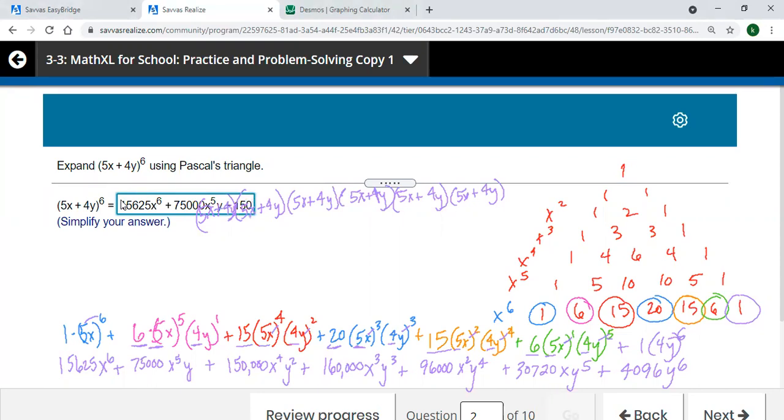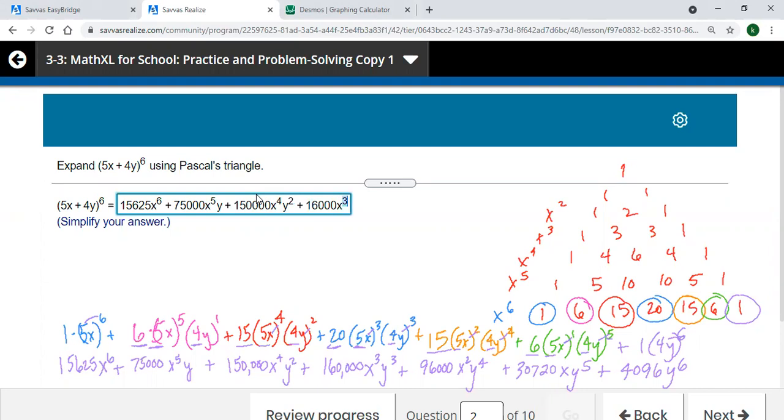I'm gonna erase that stuff up there so I can see what I'm typing. 150,000 x to the 4th, y to the 2nd. Plus 160,000.